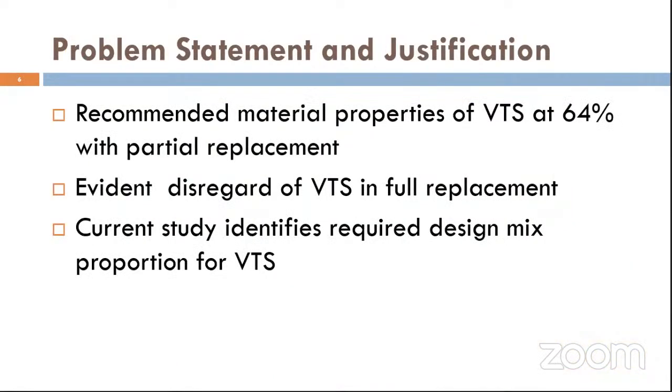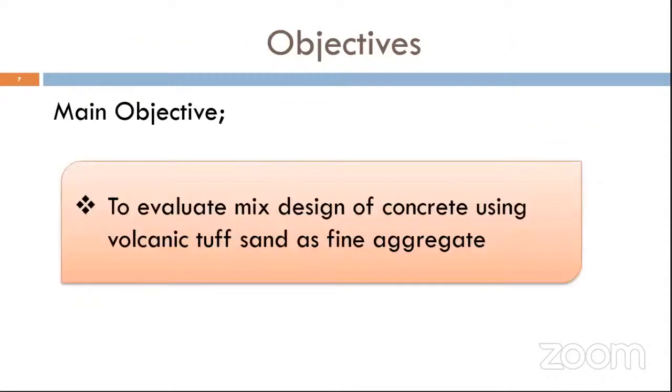Problem statement: the recommended material properties of volcanic tuff sand at 4% partial replacement has led to evident disregard of volcanic tuff sand in full replacement, which has led to our current study to identify the required mix design proportion for the volcanic tuff sand.